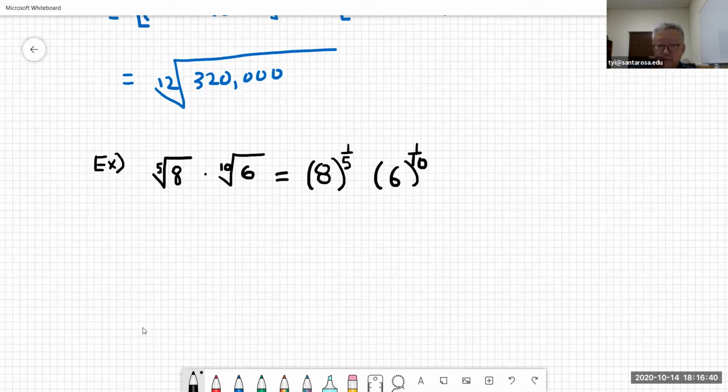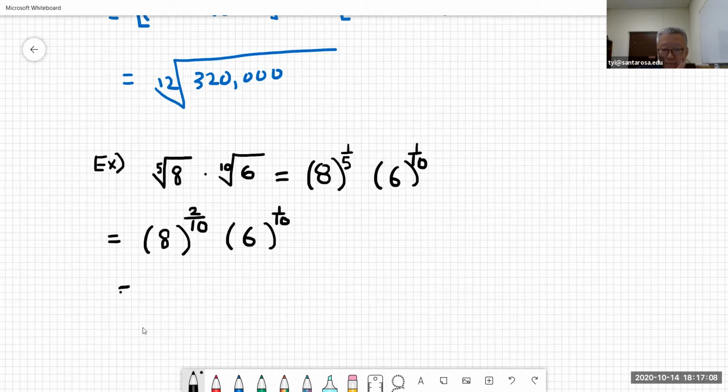Here we are going to, if you look at the 1/5 over here, like what we just did, we can rewrite that using the same denominator, right? So you get 8, then it's going to be what? 2/10. And then you got 6 to the 1/10.